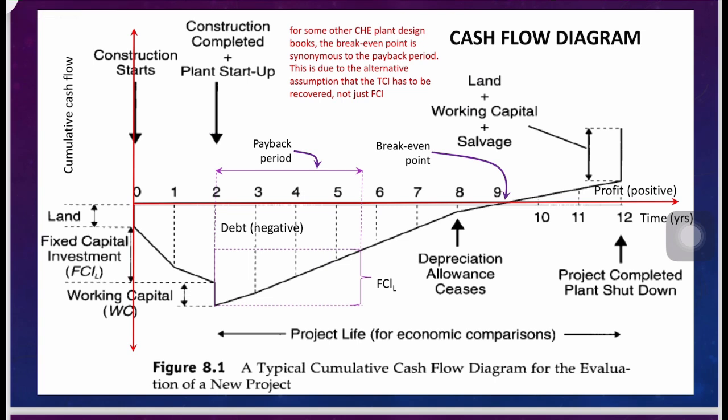So the one in black is the cash flow diagram. As you can see here, it is done in years 0 to 12. Okay? And you can see the broken lines. So that is the cash flow.